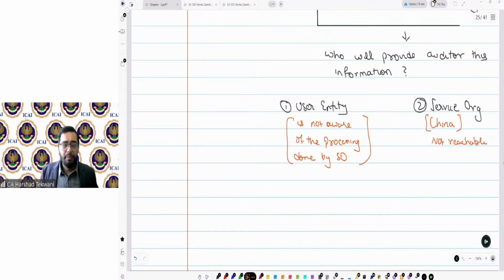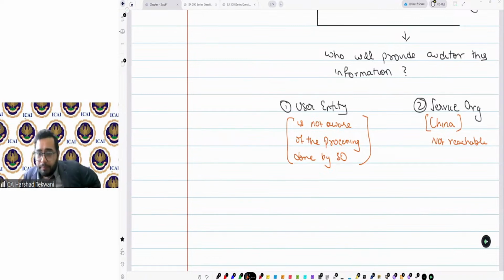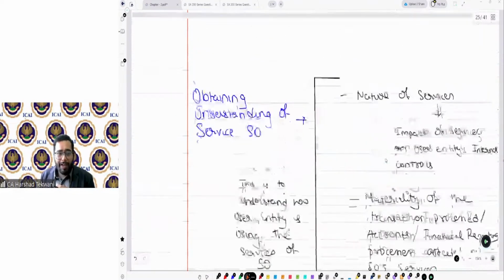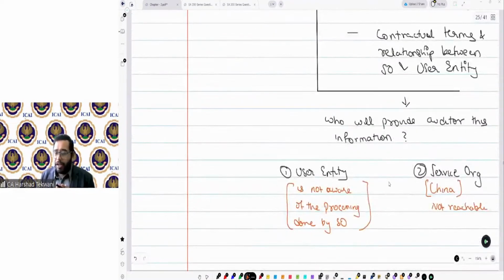So they just give the data, it gets processed, and the user entity receives back this particular data. Let's say the user entity does not process anything on the data received back.